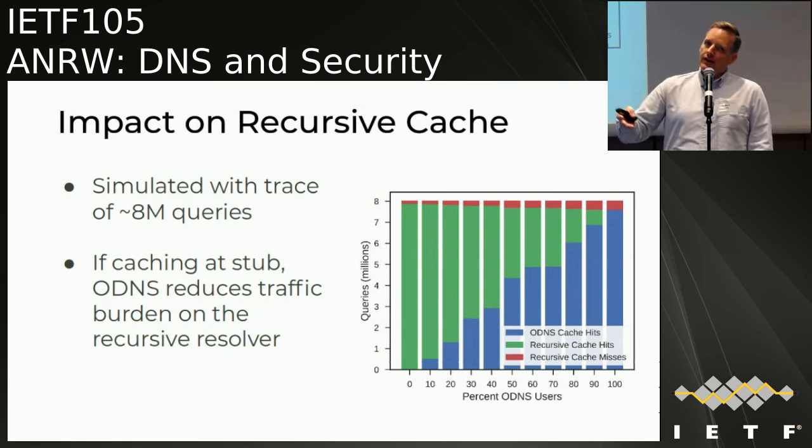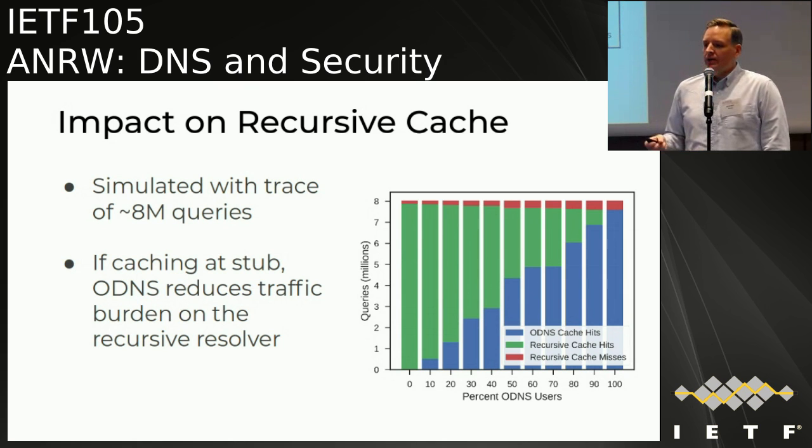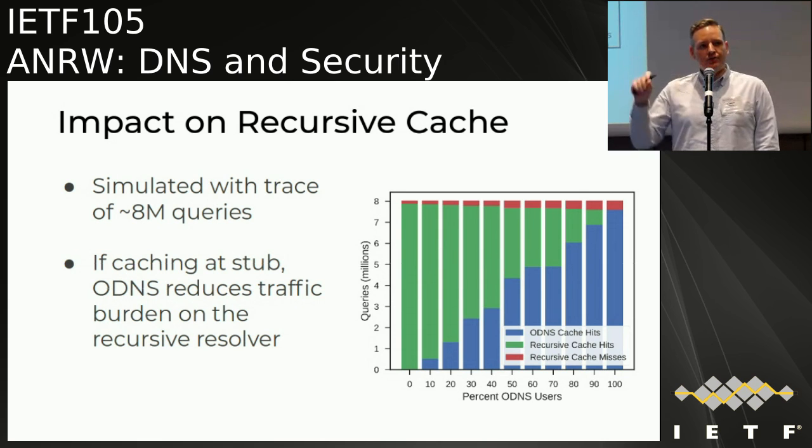Of course, when we send these ciphertext queries, we're essentially ruining the caches of existing recursive resolvers. And they're not going to like that, so we wanted to understand what this would look like in terms of traffic. So we took a trace of around 8 million queries and simulated users as we turned up and down the percent of users that are using ODNS. You can see when you have 0% ODNS users, the cache misses at the recursive are relatively small.